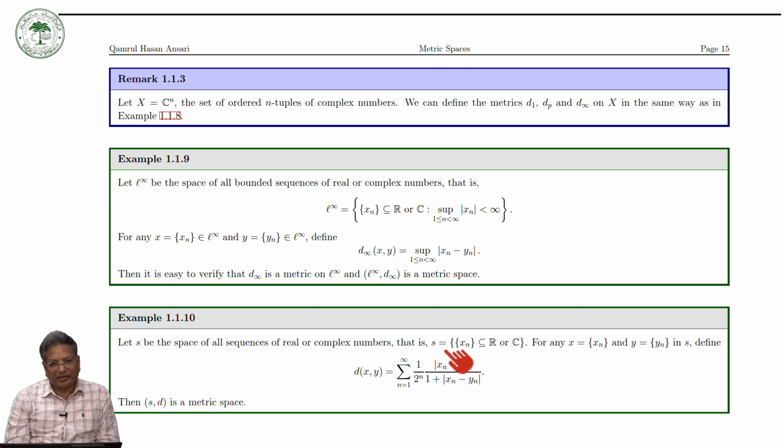These sequences may not be bounded. Whether this function d infinity on this set S is a metric or not? If it is not, then how can we define one?